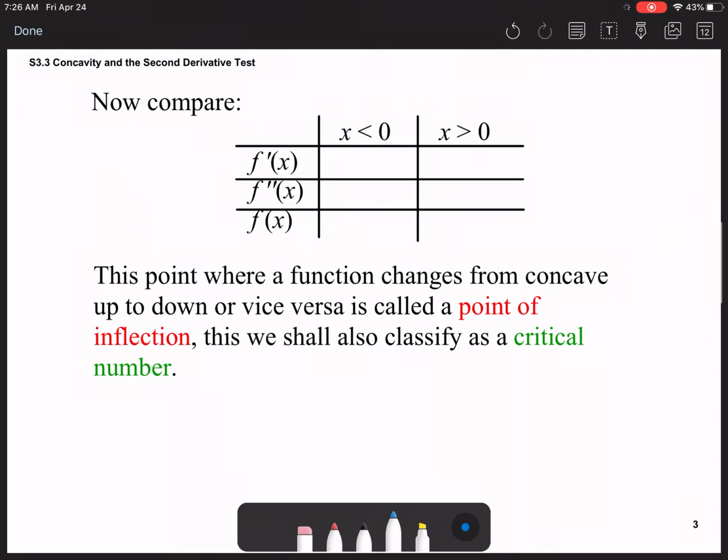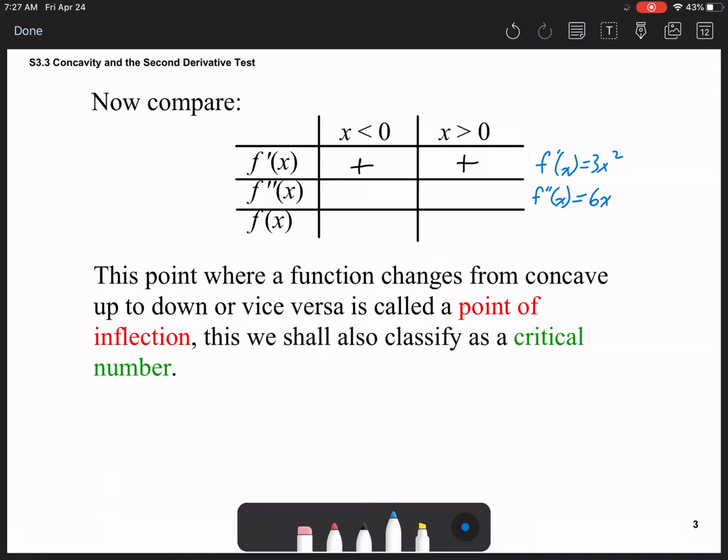So as we saw, again, slopes before are positive, slopes after are also positive. However, for our function, let me write these functions here. So f prime of x was 3x squared, and f double prime of x was 6x. So no matter what value you put in for x, it's going to be positive, multiplied by 3, it's still positive.